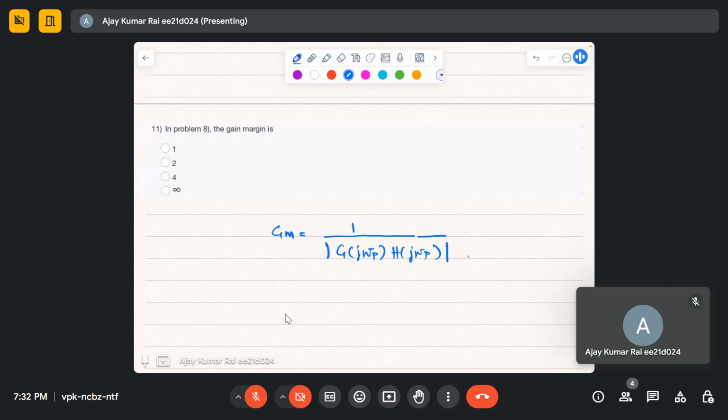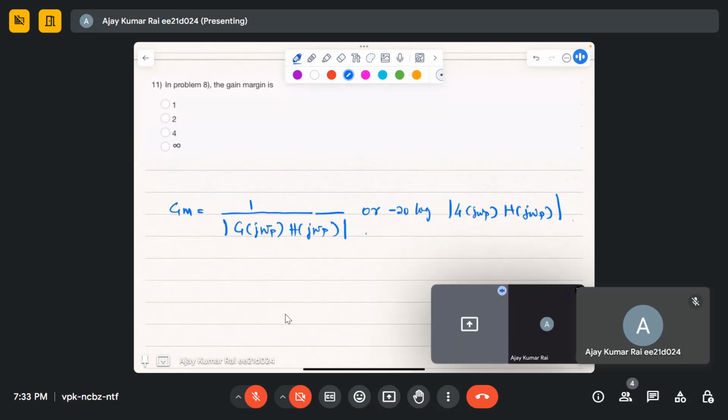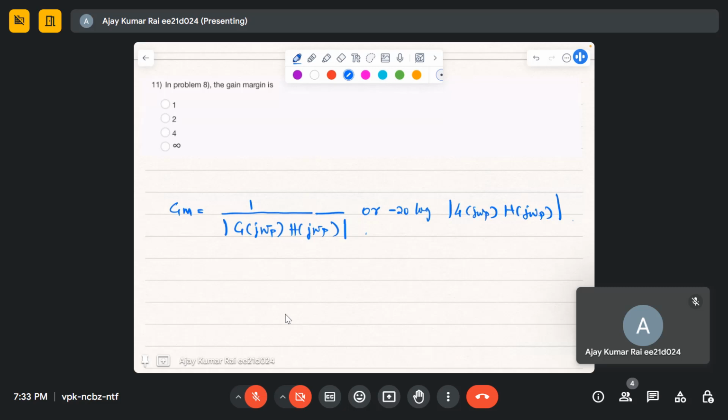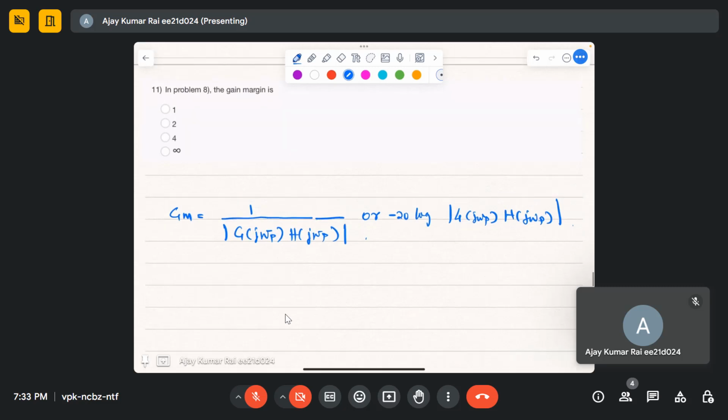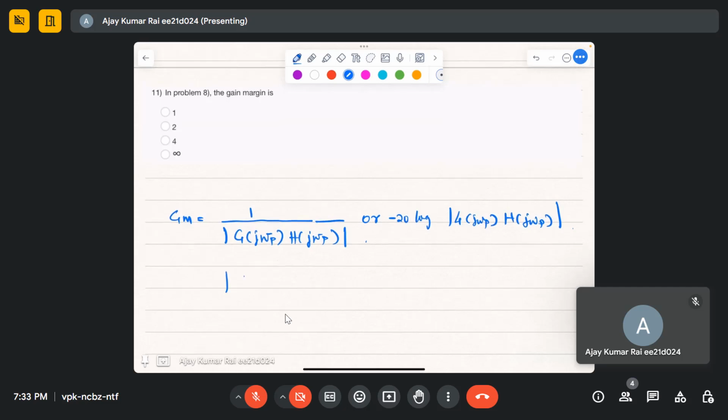Or you can say minus 20 log of, okay. So this is the definition. This one is in dB, one is in absolute term. So let's first find out what is the magnitude at phase crossover frequency. So what is the magnitude first?